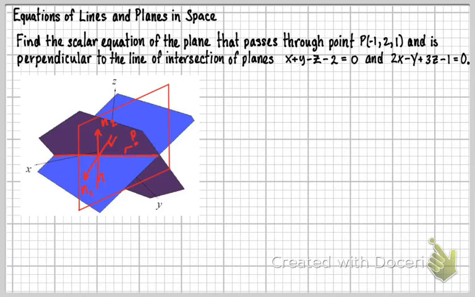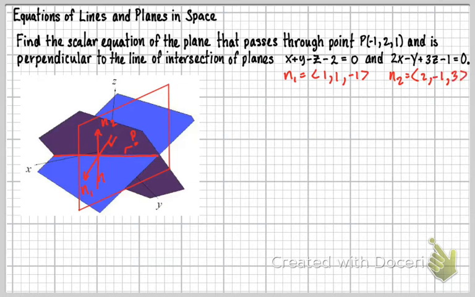So my N1 would be 1, 1, -1. And my N2 would be 2, -1, 3.